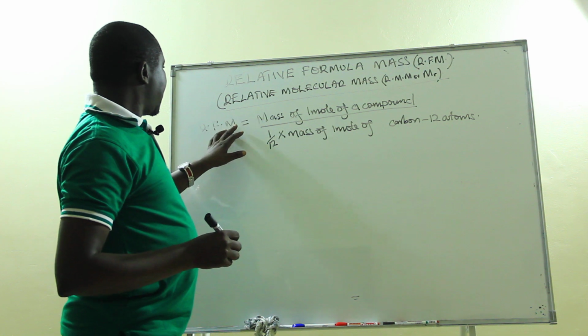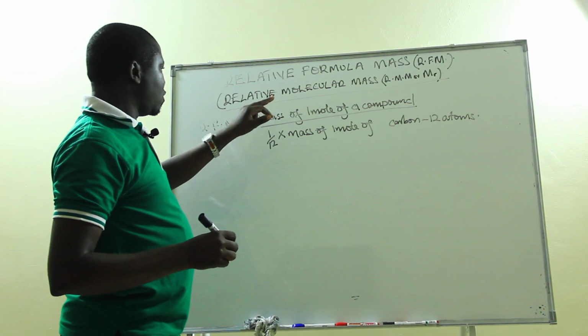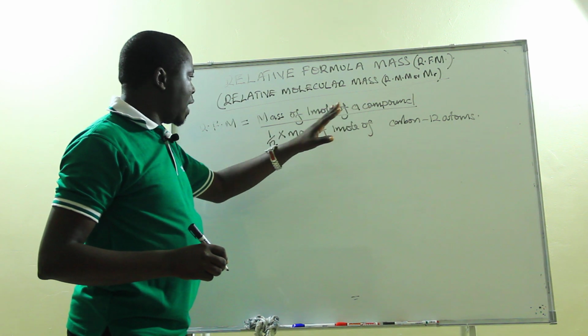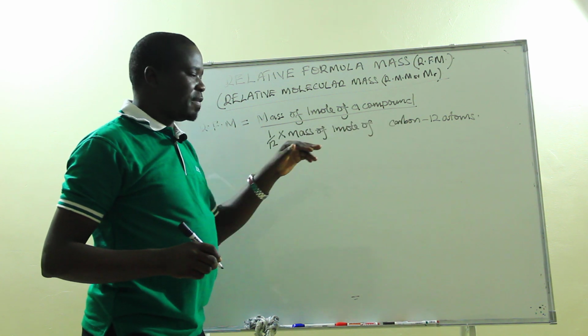So relative formula mass, which is also relative molecular mass if it is a covalent compound, is a ratio of the mass of 1 mole of a compound to 1/12 of the mass of 1 mole of carbon-12 atoms.